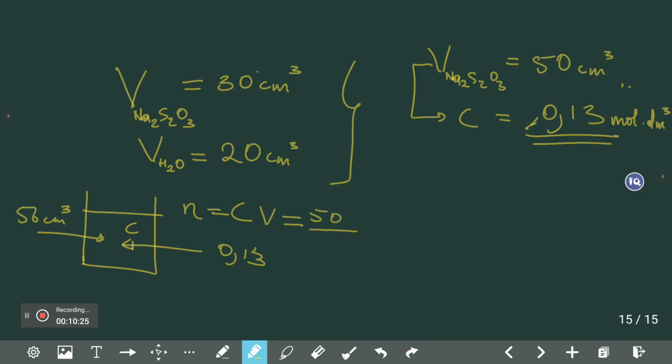This value here, whatever it is, remains the same. It is 0.0065.